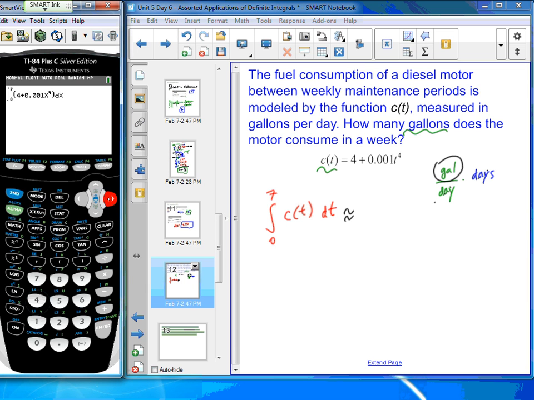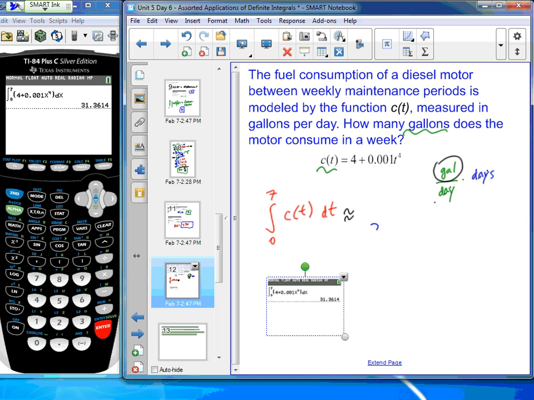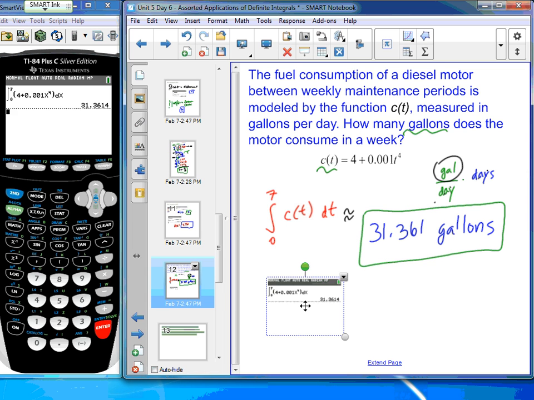How do we do? Hey, did you guys get that? Yes? No? So it looks like 31.361 gallons over the course of the week. That's pretty sweet. And you guys got it? I knew it! Things are great and you have just enough space.